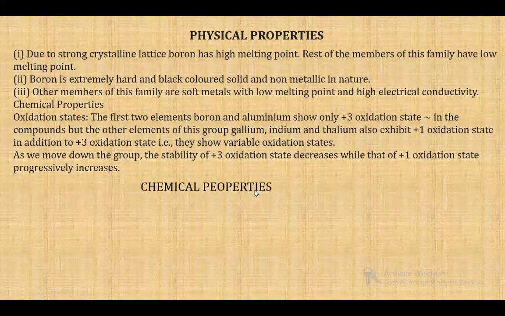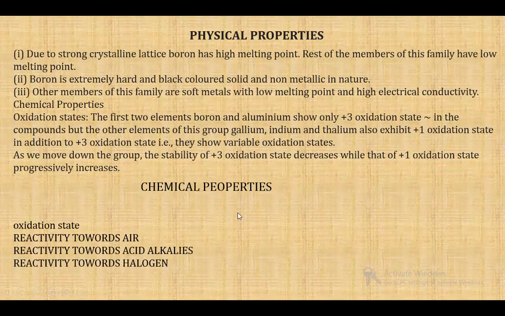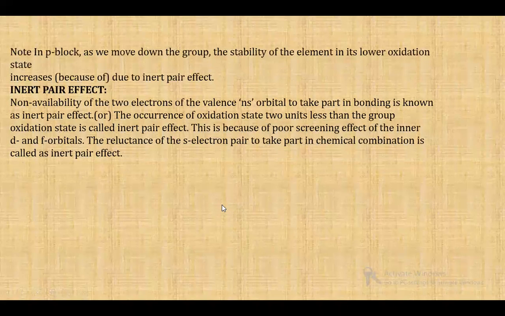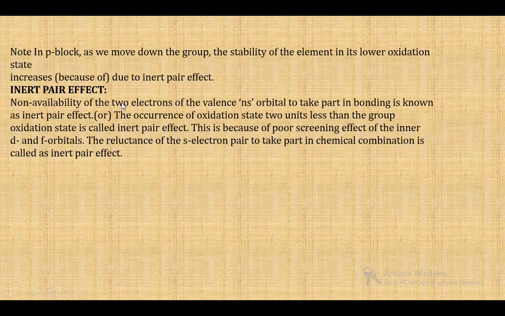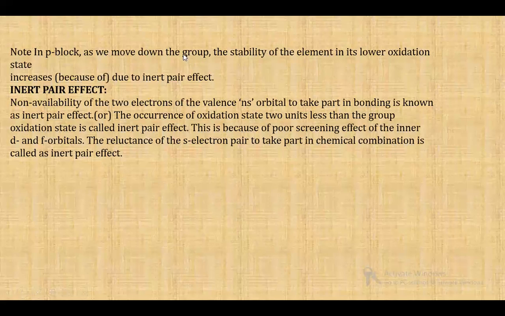That is what we discussed earlier. So, chemical properties: I'll tell you what the inert pair effect is. Under oxidation state there is one variable oxidation state, then reactivity towards air, acids and bases, alkalis and halogens. What is the inert pair effect? In the p block elements, as we move down the group, the stability of the element in its lower oxidation state increases due to the inert pair effect.